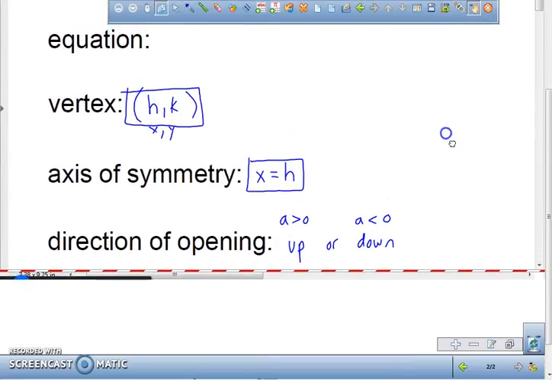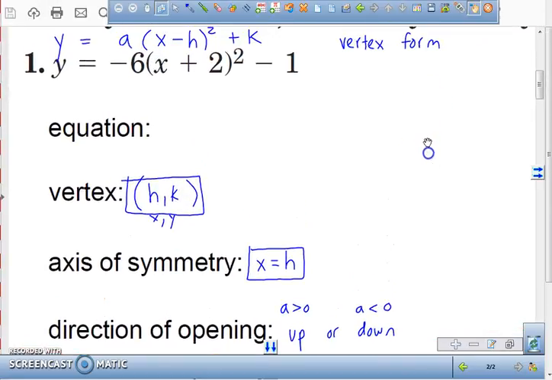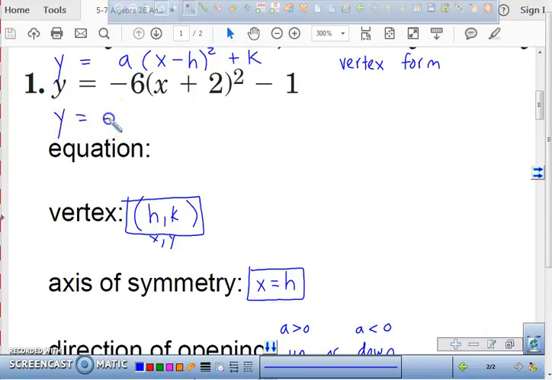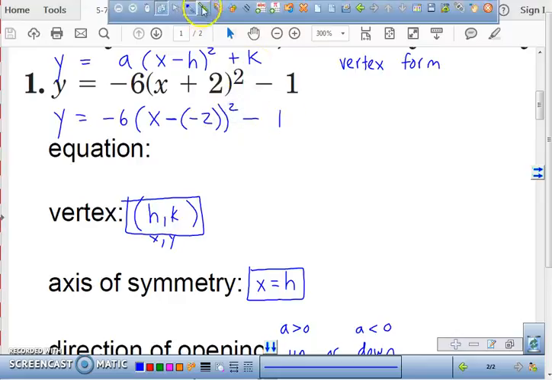So all we're going to do right now is take a look at our particular equation. All right? And I'm going to rewrite it a little bit to maybe help you guys see the vertex. But negative 6, I'm going to put x minus, and then right here I'm going to put a minus 2, close parentheses squared minus 1. Now I'm going to highlight something right in here where it says x minus h.